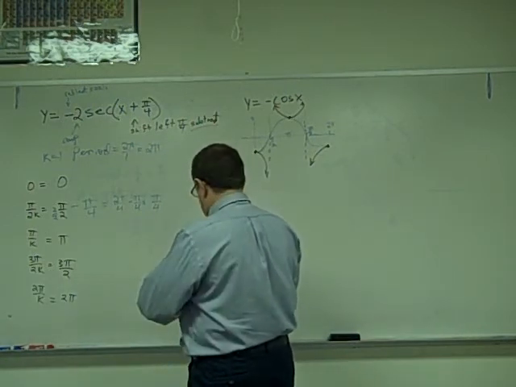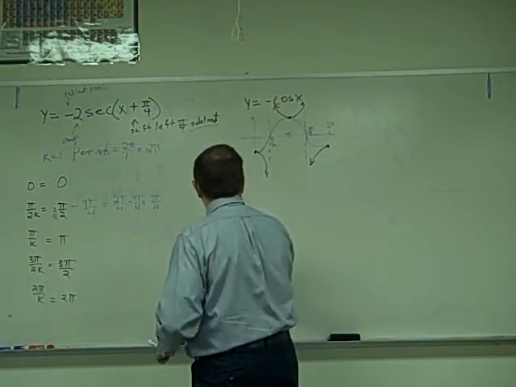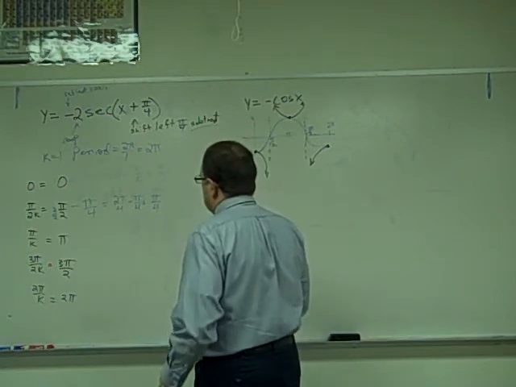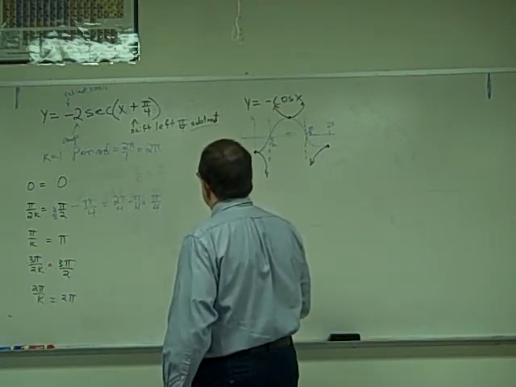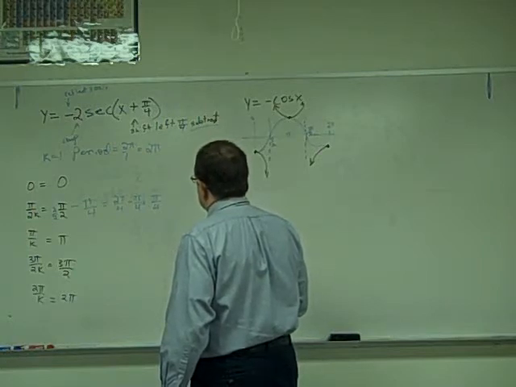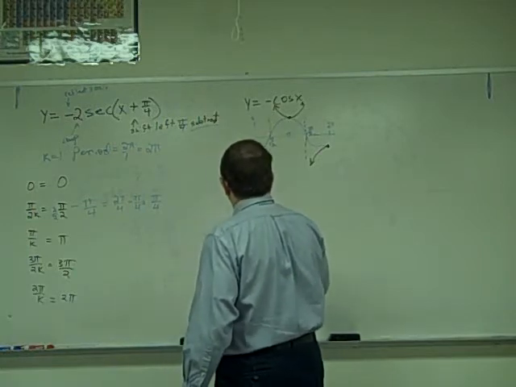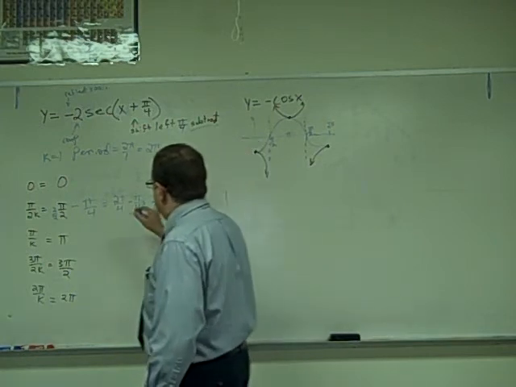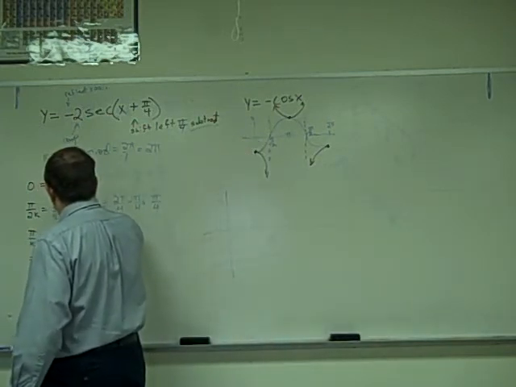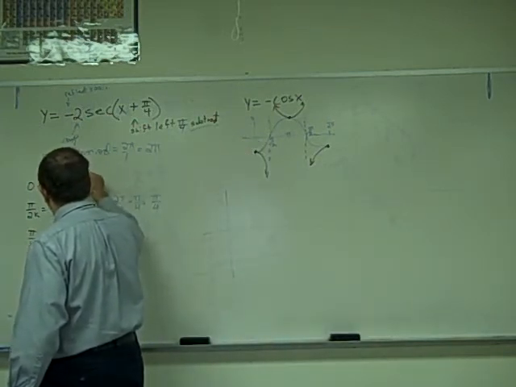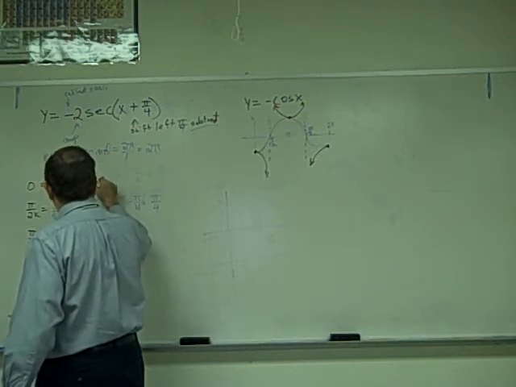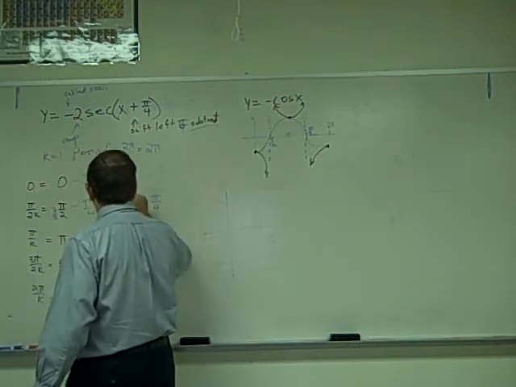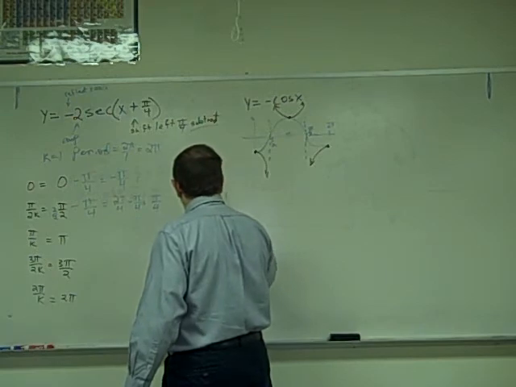So here we are shifting, we have to subtract. So now, actually we need to do this one here at 0 too, right? Yeah, so that'll just be negative pi over 4. So we're starting here at negative pi over 4.